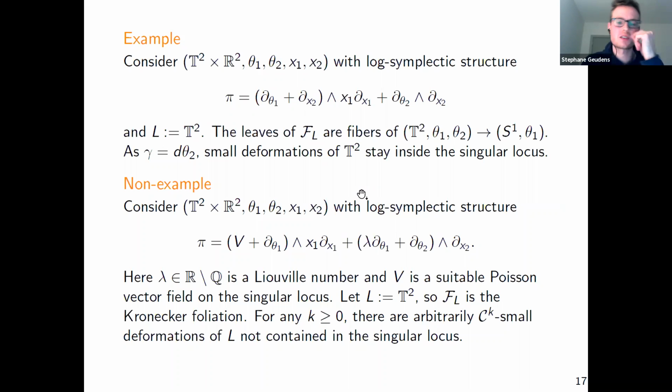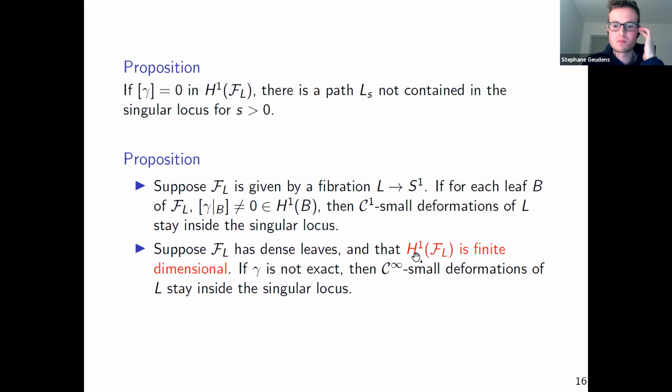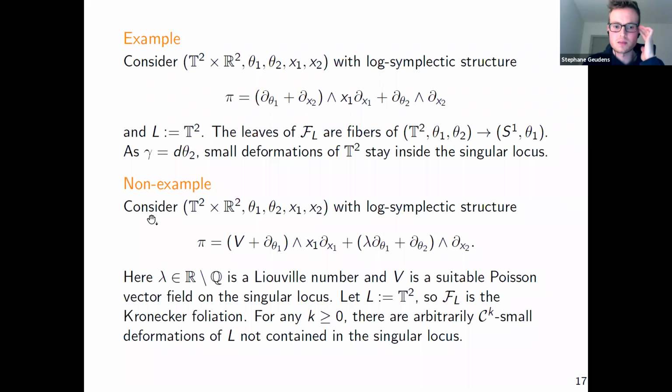And the second example is meant to illustrate that it's necessary that H1 is finite dimensional. Well, so again, the formula is not really important. It's just we make sure that the Lagrangian is the 2 torus, and that its induced foliation is the Kronecker foliation by slope lambda.